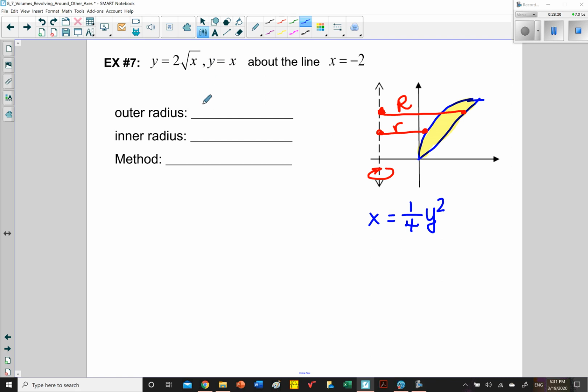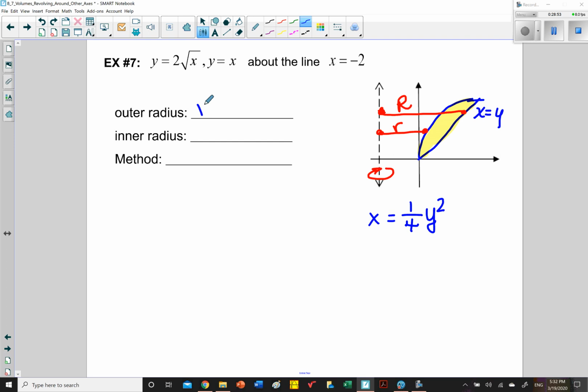So the outer radius is y minus -2, and the inner radius is not y minus -2. Hold on. I was right. That was right.